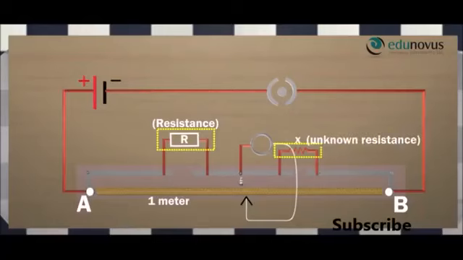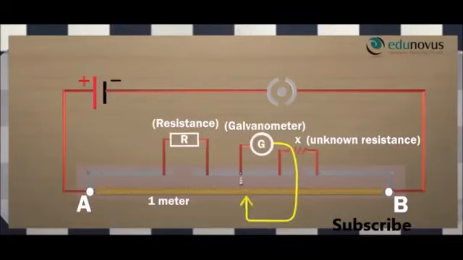Between the two gaps, we have connected a galvanometer, and the other end of the galvanometer is connected to a jockey. Across the two terminals A and B, there is a battery E connected along with the key K. This is the general arrangement of the meter bridge to find the unknown resistance.